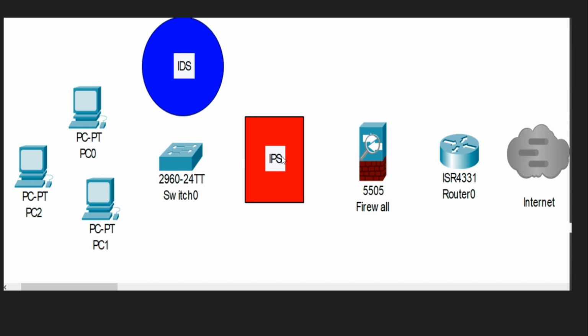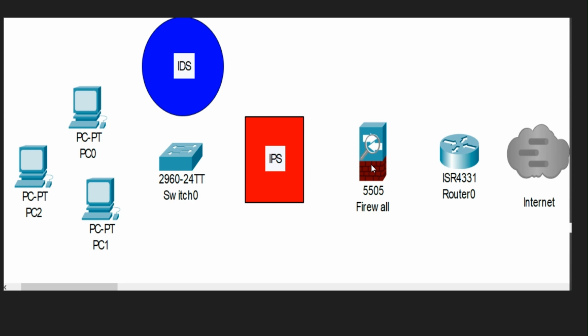This would be a perfect visual representation, assuming this was a stateless firewall, and we talked about that in our previous video. But I just want you to think about this, and we're going to get deeper into the differences between IDS and IPS, a little bit further down the road.